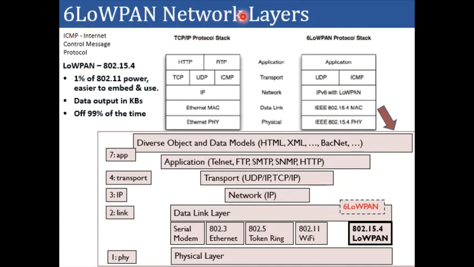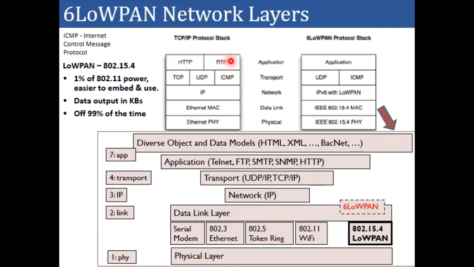Now let's see the 6LoWPAN network layers. We use the standard TCP/IP protocol stack for any software application or any device connected over a standard TCP/IP network. The TCP/IP network contains the Ethernet physical layer, then the Ethernet MAC layer, the IP layer, then the TCP or UDP layer, or we use ICMP also, which is Internet Control Message Protocol.